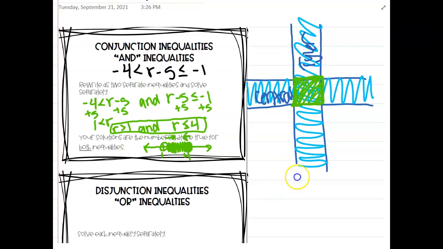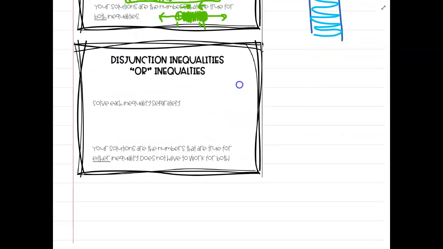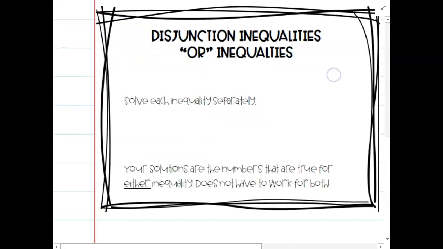So the or inequalities are really easy because you just have to find the numbers that work for one of the inequalities. You can be on Central or on Tyler. You can find a number that works for this inequality or this inequality. It doesn't matter which one. As long as the number works for one or the other, no problem.